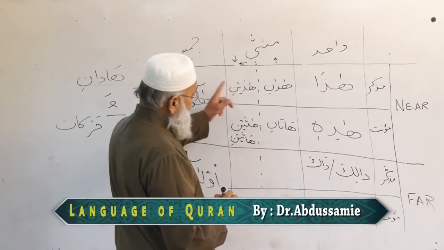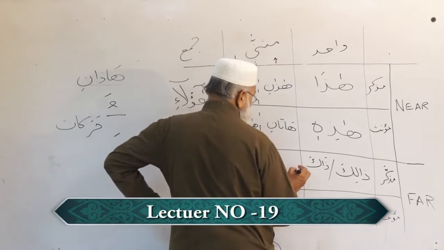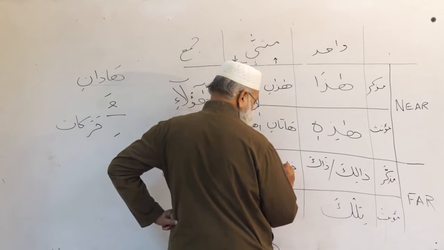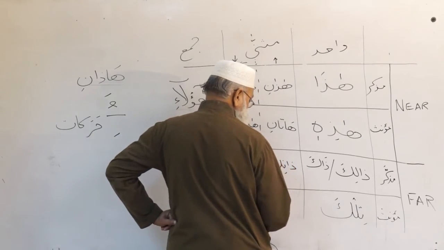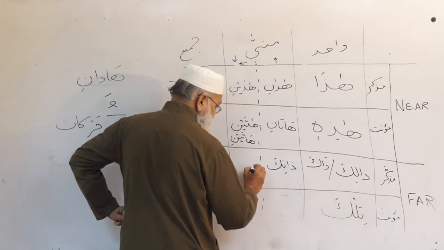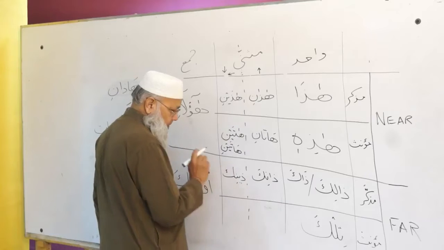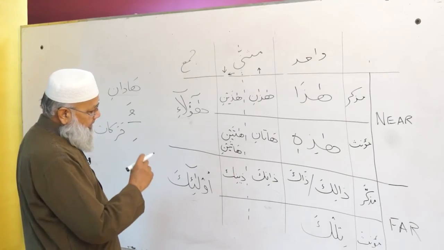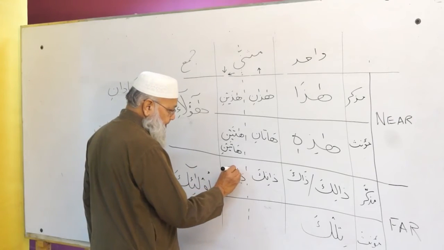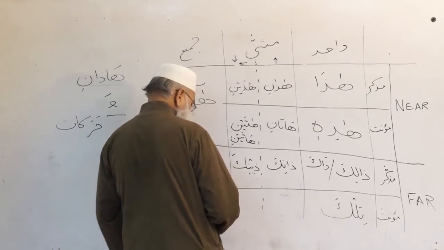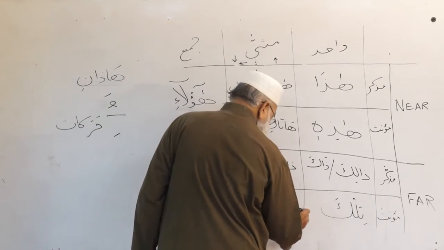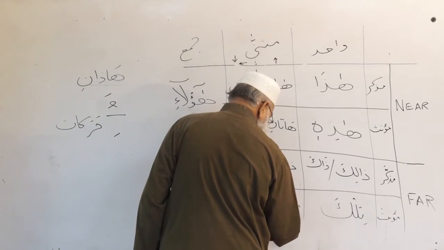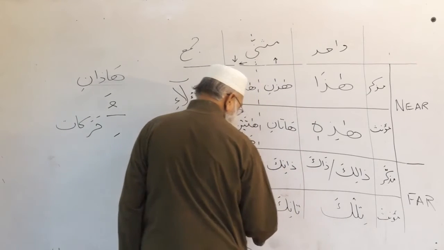Hataini, hadaini. Zalika would be zanika in the rafa form, and in the nasab and jar form it will turn to be zainika. And tilka would become tanika, and tainika.